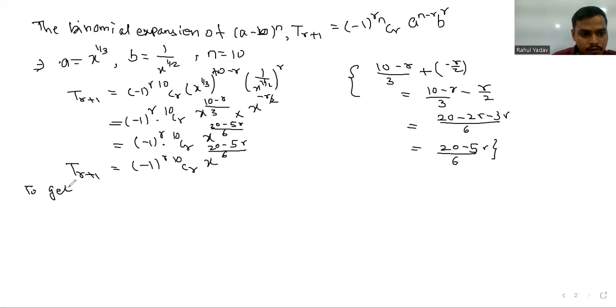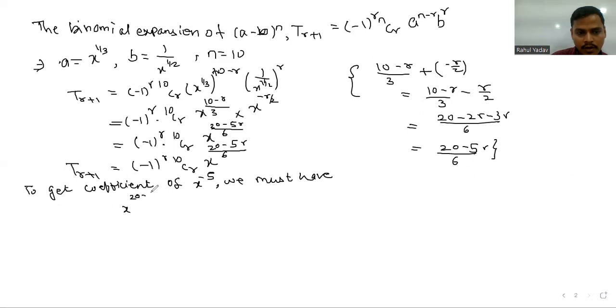To get the coefficient of x power minus 5, we must have the value of r, that is, x power (20 minus 5r) whole divided by 6 is equal to x power minus 5.